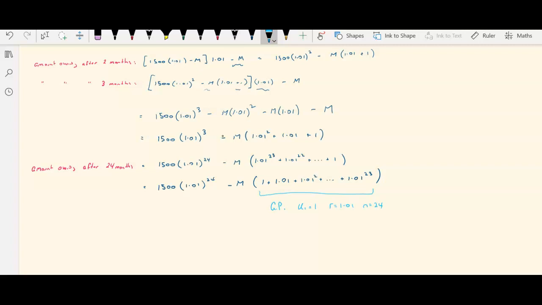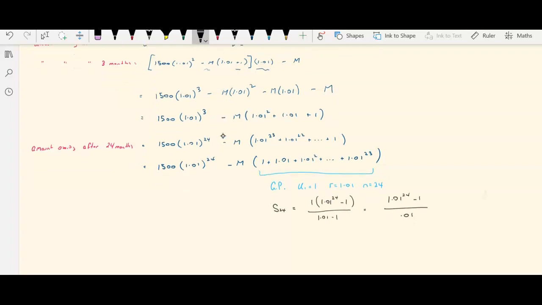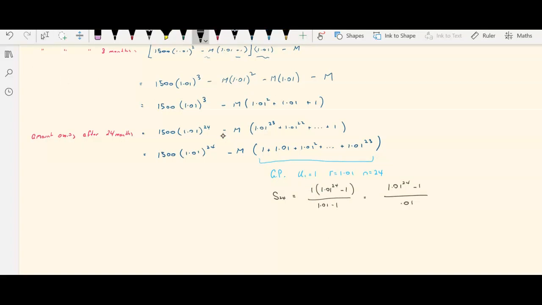All right, and it is, so the sum to 24 terms with this information is U1 by R to the N minus 1 over R minus 1. So this simplifies to 1.01 to the 24 minus 1 over 0.01. And actually dividing by 0.01 is the same as multiplying by 100, isn't it? Top and bottom by 100.